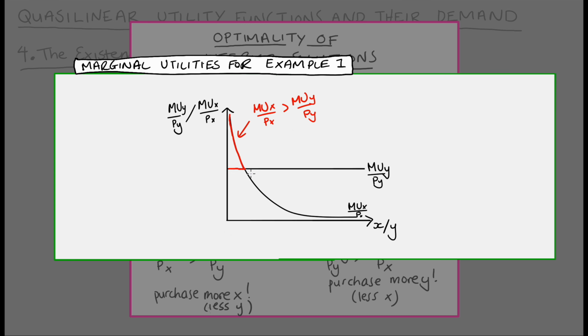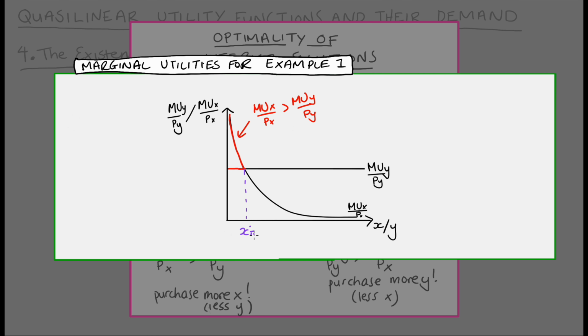As we consume more x, though, if we get more income and we consume more x, because of diminishing marginal utility, eventually we're going to get to a point where the marginal utility per dollar spent on each of the goods is equal. And that point is going to correspond to that x star tangency value. That will be that interior solution value of x.